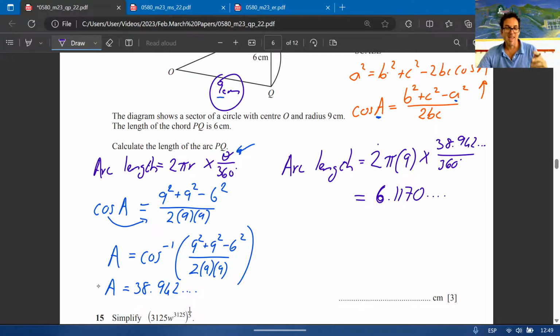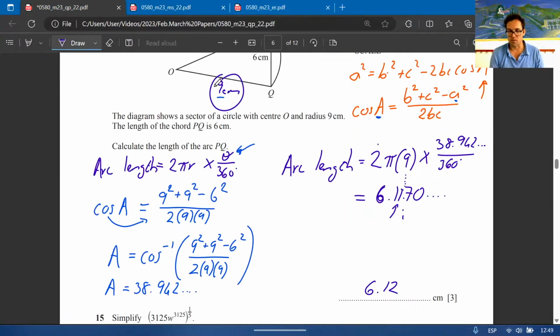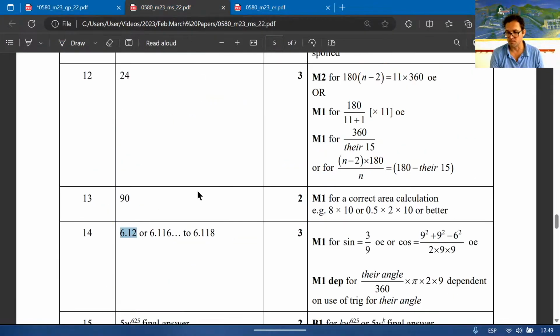Etc. Now we can round stuff to 3 significant figures. 1, 2, 3, that's a 7, so that last one becomes a 2, 6.12 centimeters. Let's check. Yes, it's correct, and even a little bit less. So basically, if we were at 6.117, we got an answer as well, correct.